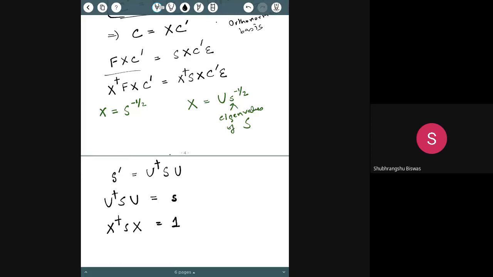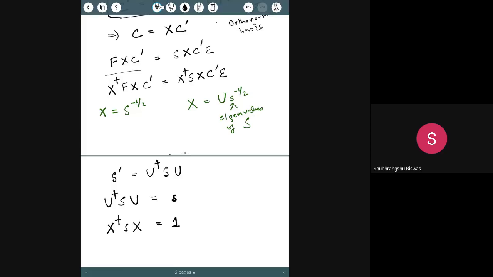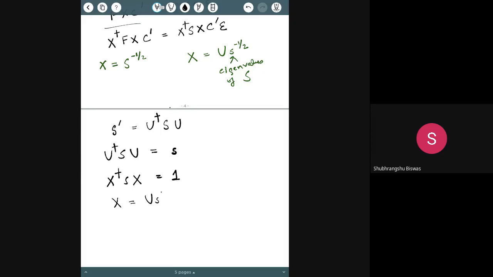So simply choosing X to be the diagonalizing matrix is not enough. You want the set to be orthonormal. So what you have to do is divide by s, and if you want to just change U, you divide by the square root of s. So X can be taken to be U s to the power minus half. That is one choice.